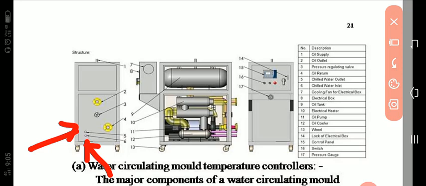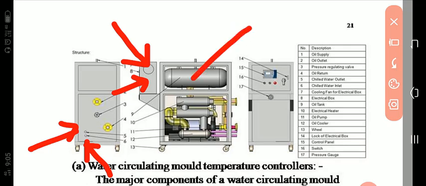and a cooling fan for the electrical box. Here it consists of a cooling fan for the electrical box, and this is the electrical box, and it consists of an oil tank. This is the oil tank, and the electrical heaters.